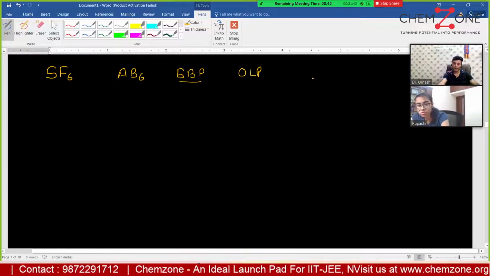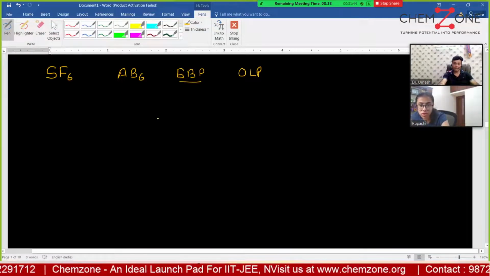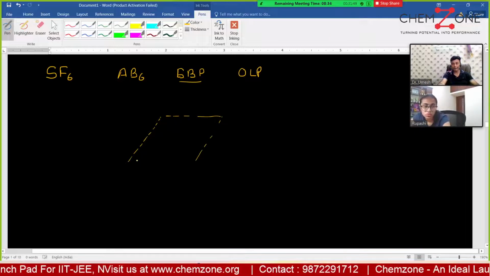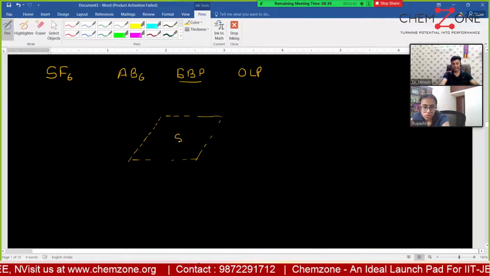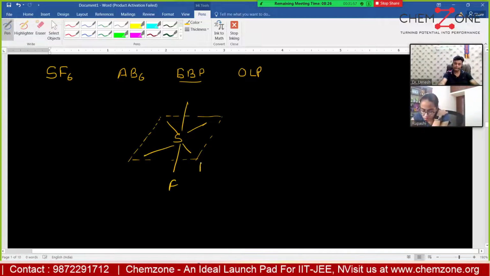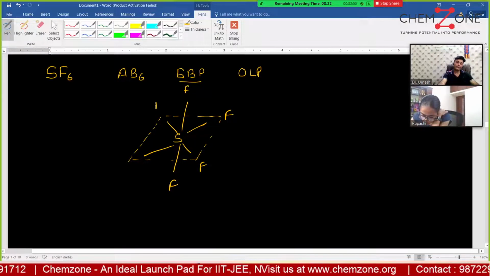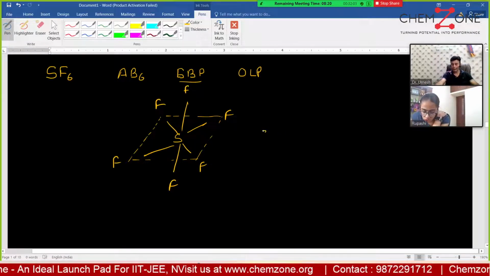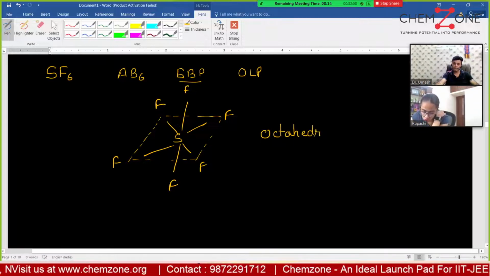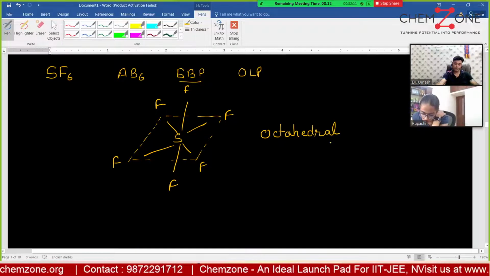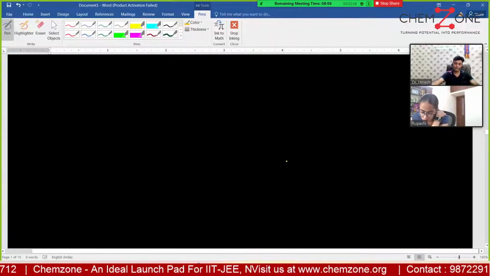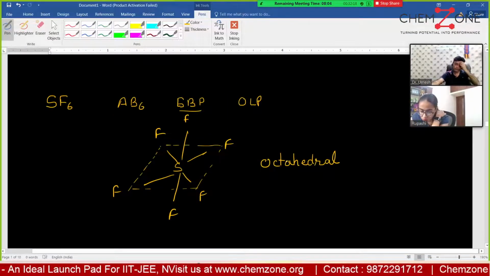The shape will be octahedral, where whenever we have 6 pairs of electrons, sulfur, 1, 2, 3, 4, 5, and 6. This is octahedral shape. Note it down.